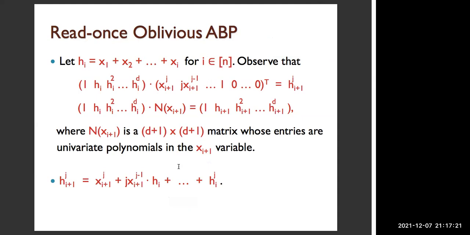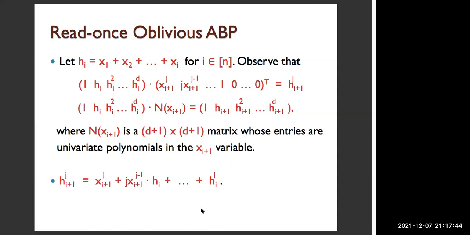Why is that? That's because of a very simple observation. Let's look at this very simple linear form h_i, which is the sum of the first i variables. Now you see, by binomial expansion, you can relate h_{i+1} and h_i, the bottom line here. You can relate it like this.